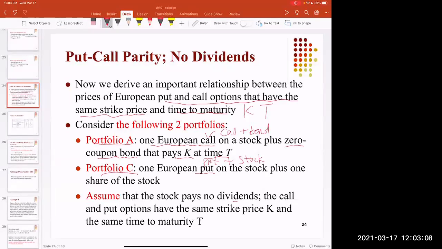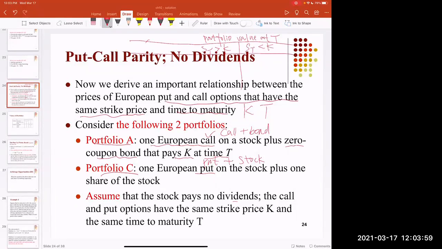We have to have this assumption to get put-call parity. So we basically calculate the portfolio value at the end, at the expiration day, at time T. For example, portfolio A at time T depends on whether the expiration day stock price is greater than the strike price or lower than the strike price, right?